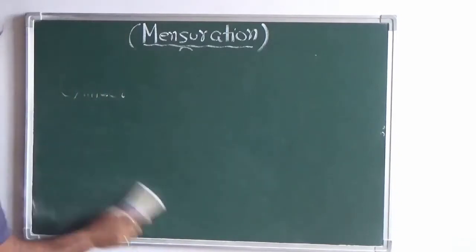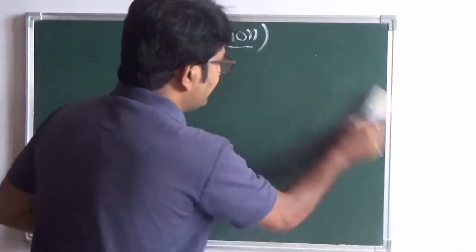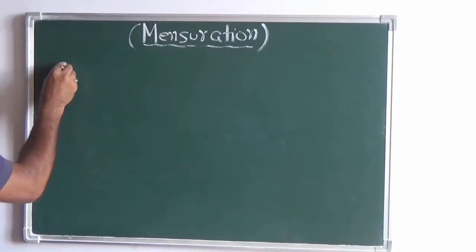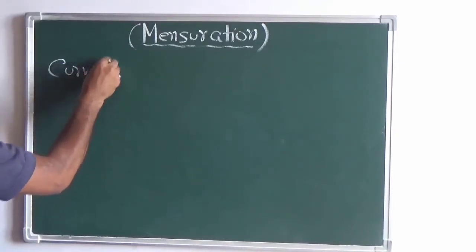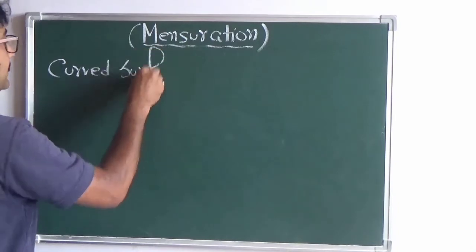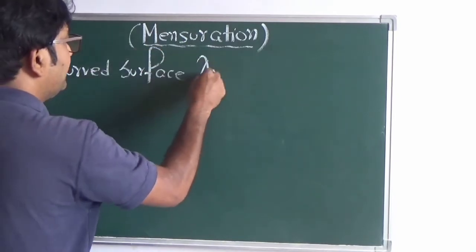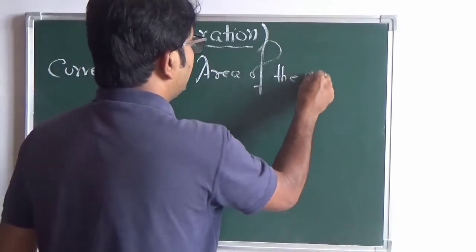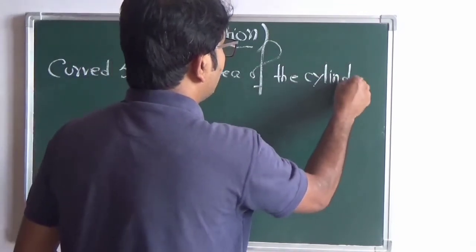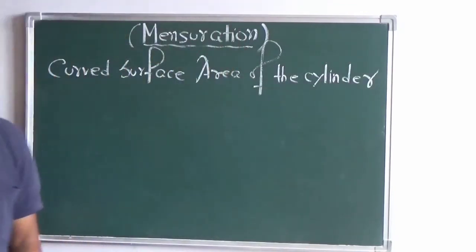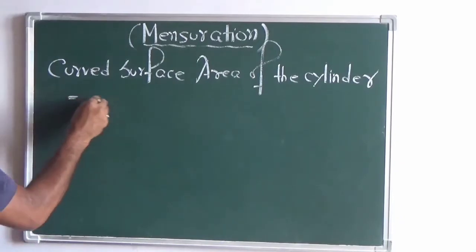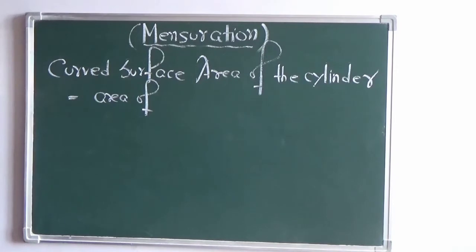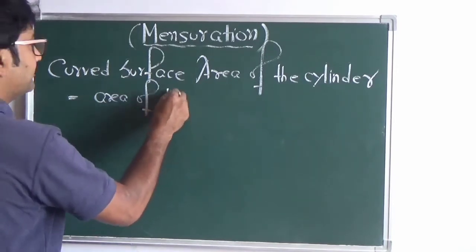So what can be the curved surface area? You write here, the curved surface area of the cylinder is how much? It is equal to the area of the rectangular sheet.